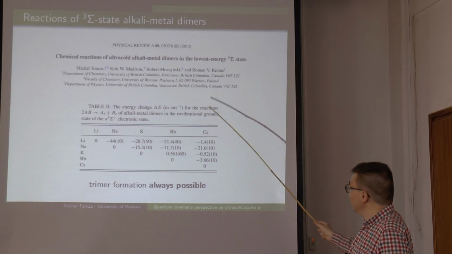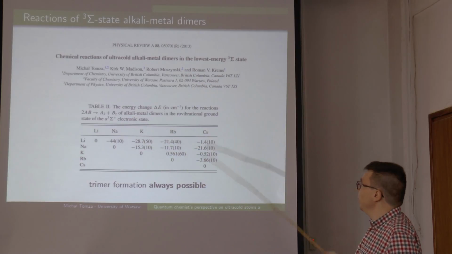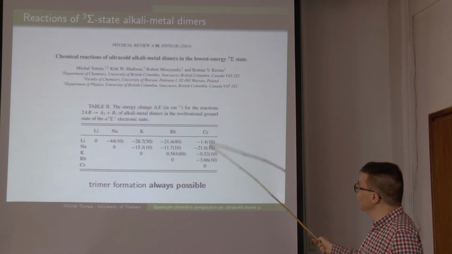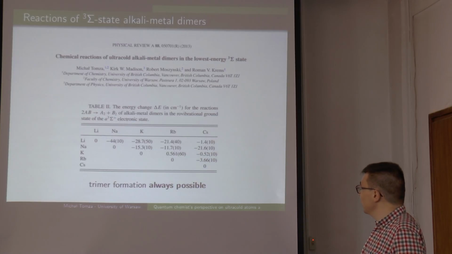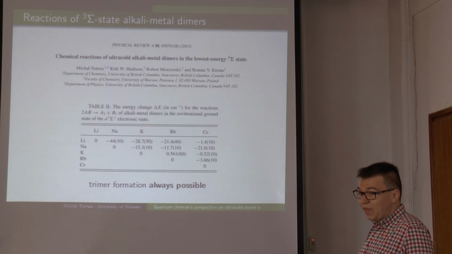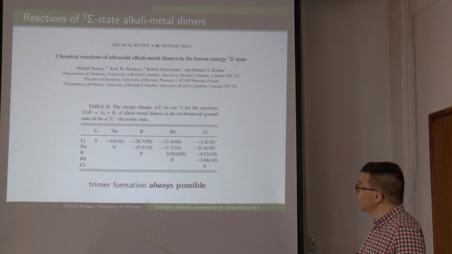In fact, we found that yes, the energy release in this kind of reaction is smaller. For example, for potassium cesium, it's almost an order of magnitude smaller than for potassium rubidium that was presented in the previous slide.